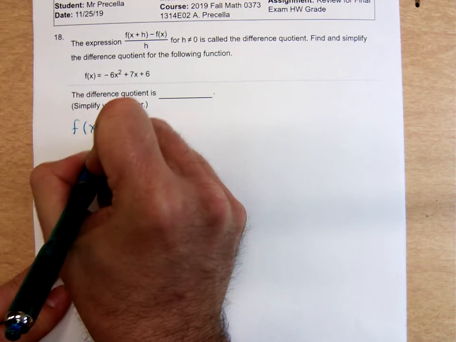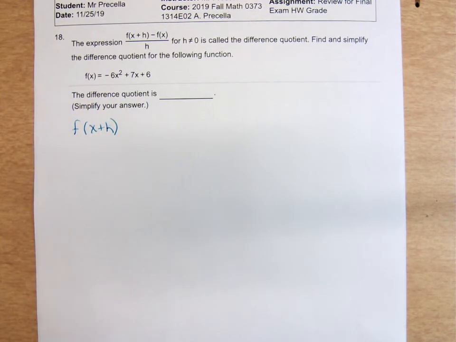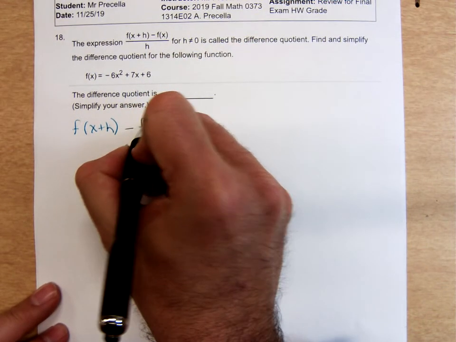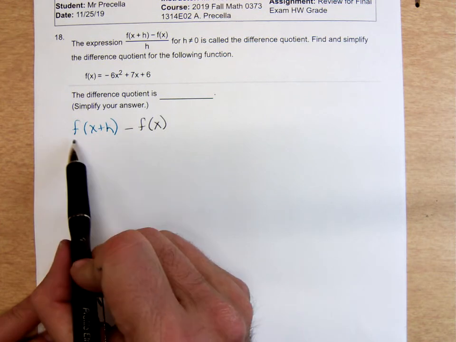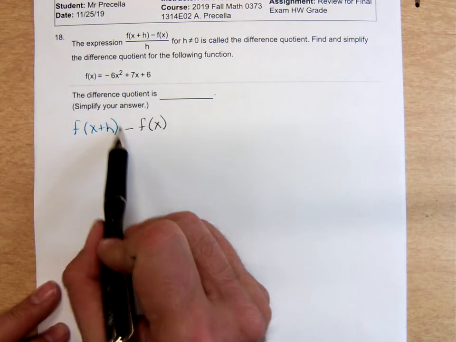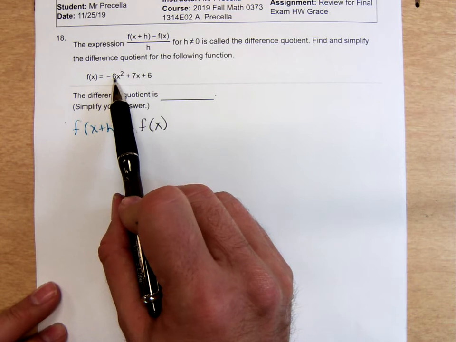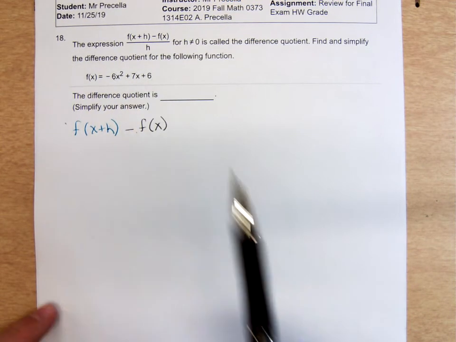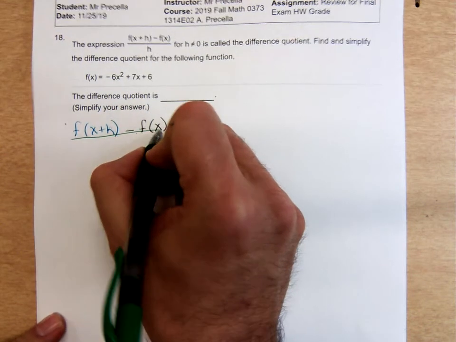That's the messy part. The next part, the minus f of x, that just falls out really quickly. Once you've found the f of x plus h, you just mark out the negative 6x squared, the 7x, and the 6. And then the over h is quick also. It's that f of x plus h that takes a while.